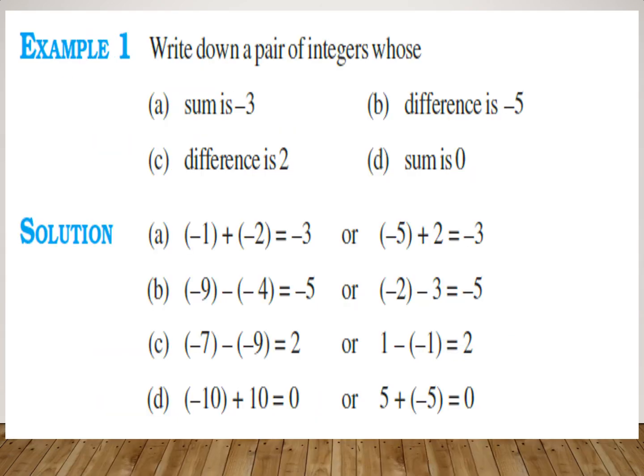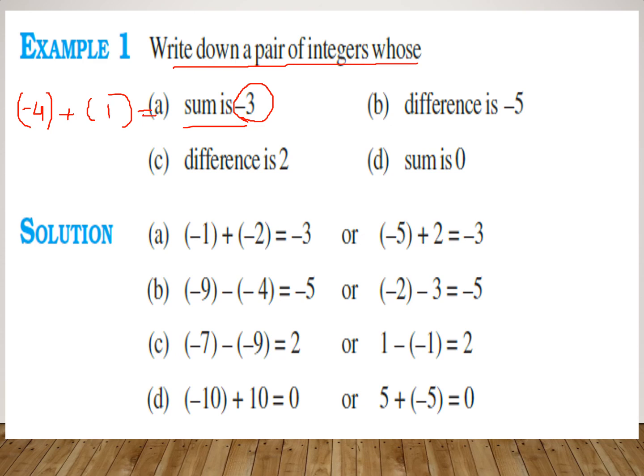Now write down a pair of integers whose sum is minus 3. So we want a pair of integers whose sum is minus 3. There are infinite number of integers whose sum is minus 3. You can think of anyone, but you have to make it so that the bigger number is negative because answer is negative. Okay, suppose you take minus 4 and plus 1.